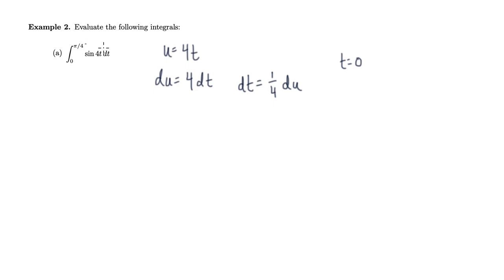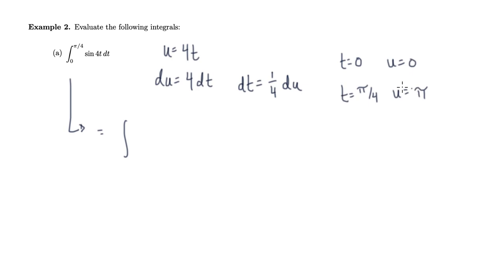When I change my integrand and my variable of integration to u, I will also need to change the limits of integration. So when t is equal to 0, I just plug in 0 for t. I see that u is equal to 0. And now when t is equal to pi over 4, u is 4 times pi over 4, which is pi.